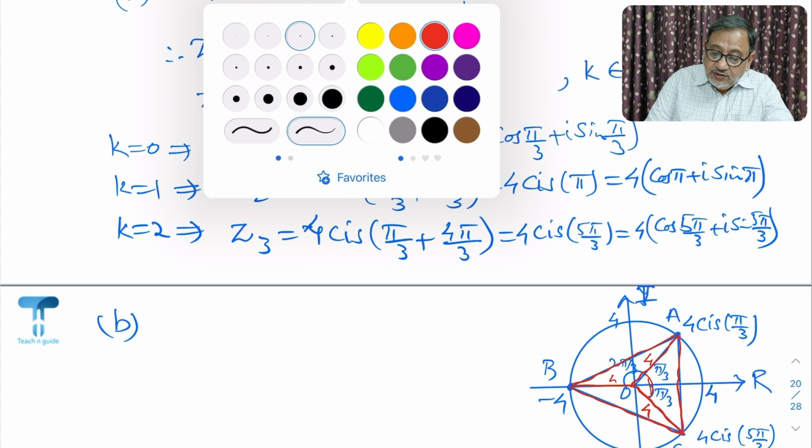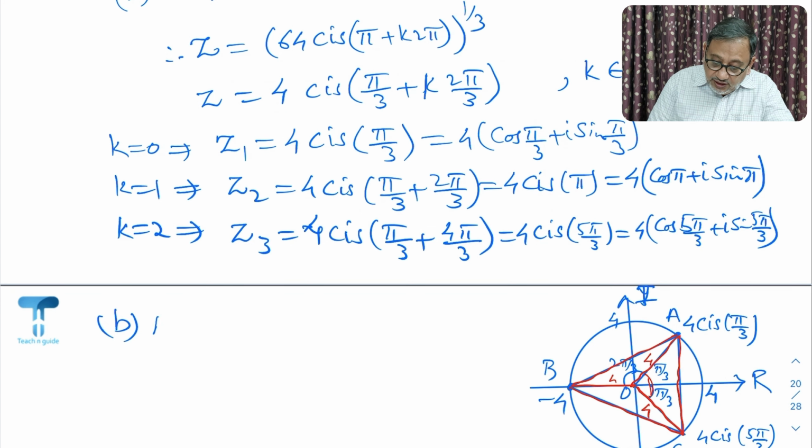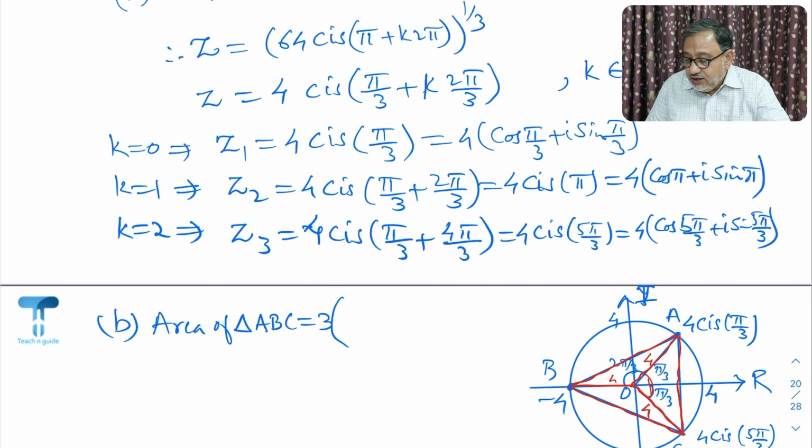So therefore, area of triangle ABC will be 3 times area of one of the triangles. For one triangle we will use the area formula 1 by 2 ab sin C. So 1 by 2, a is 4, b is also 4, C is 2 pi by 3.